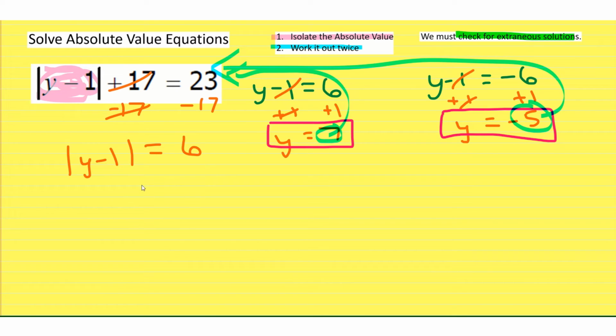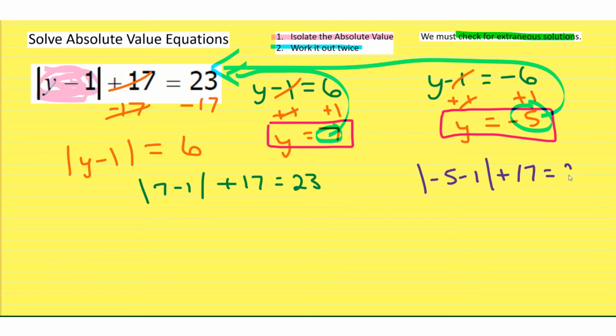So with y equal to 7, the absolute value of 7 minus 1, plus 17, is equal to 23. And with y equal to negative 5, the absolute value of negative 5 minus 1, plus 17, is equal to 23. I'm going to work both of those down.